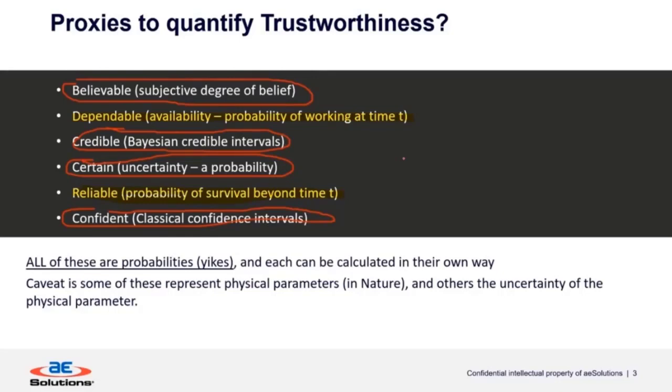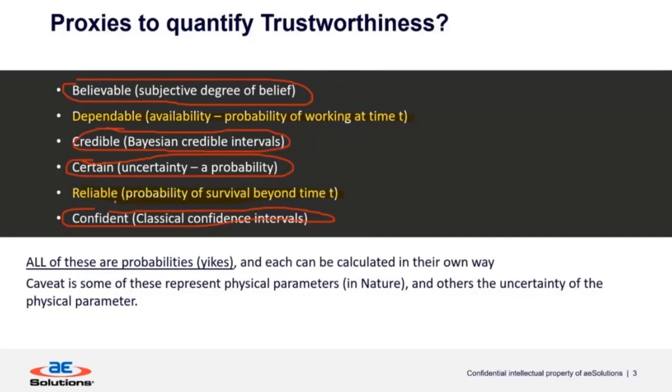Okay, so we have probabilities that represent physical processes in nature, like reliability, like availability, unavailability, and then we have probabilities that describe the uncertainty of those physical parameters. And that distinction is very important to understand, even to begin to wade into this.